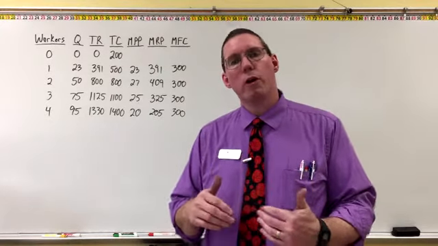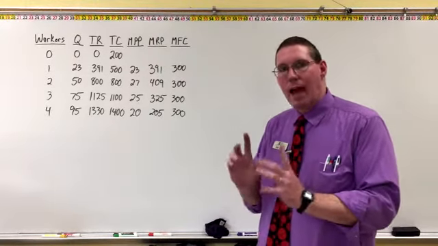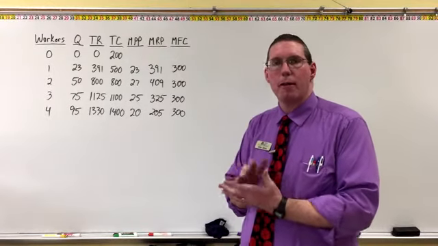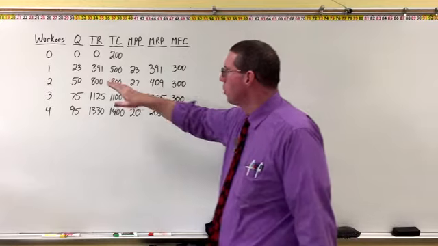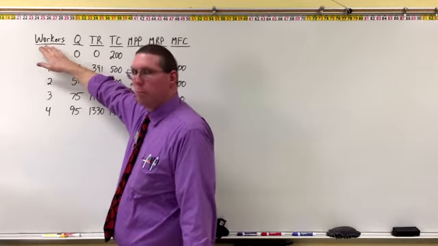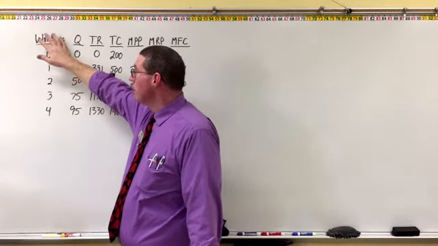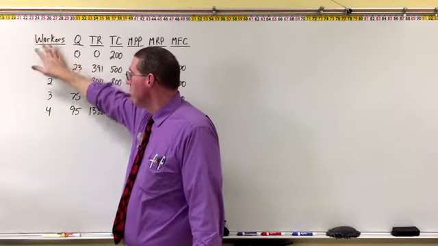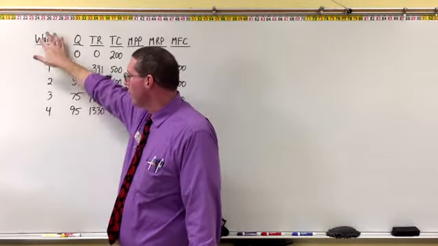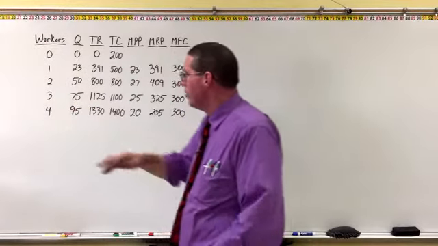But most of what we're going to do in that lesson can be applied to any factor of production. Now, in this table, we focused primarily on workers or employees. But it does not just have to be workers or employees. It does not have to be labor. We could have capital here or we could have land here.